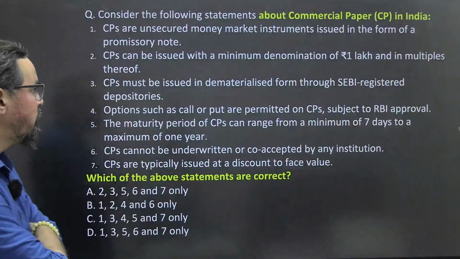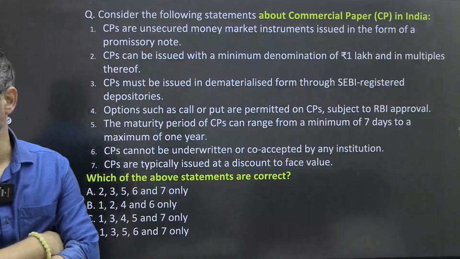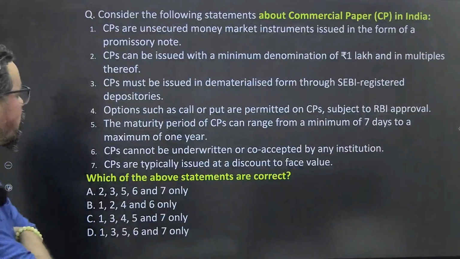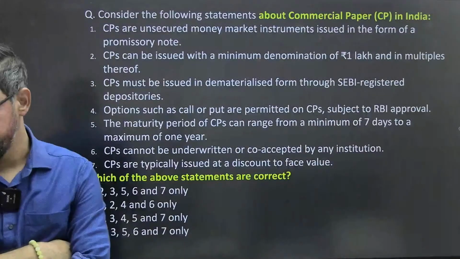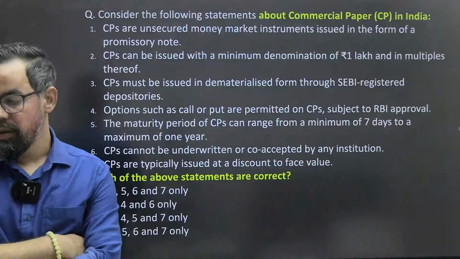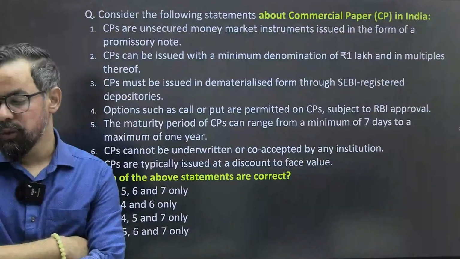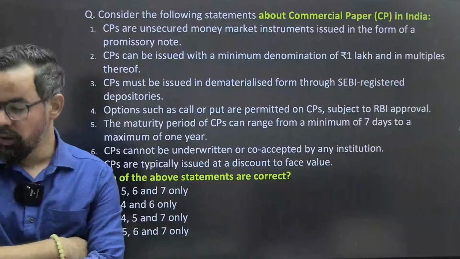So commercial paper in India, and we have to find out the right statement. We have 7 statements, but you can go with elimination also. If you go with the elimination, you will be able to solve this particular one.